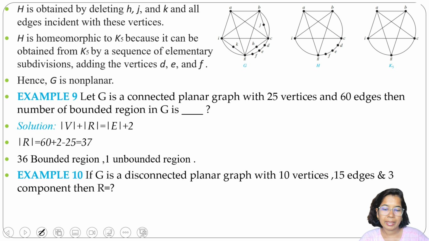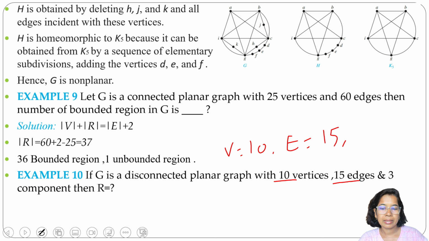Next, example 10. If G is a disconnected planar graph with 10 vertices, B equals 10, 15 edges and 3 components, then R equals to. So here number of vertices equals 10, number of edges equals 15, 3 connected components. If there is one connected component, then according to Euler formula, B plus R equals E plus 2.